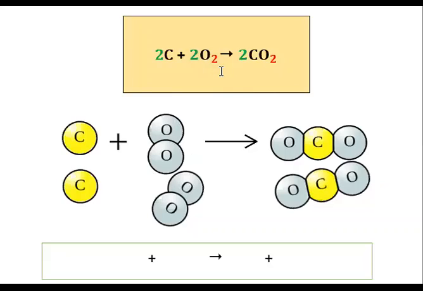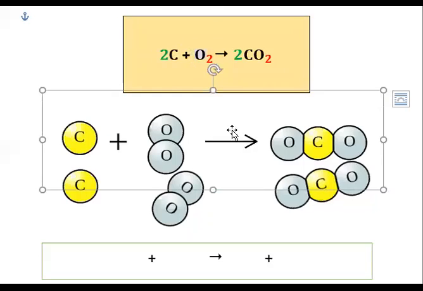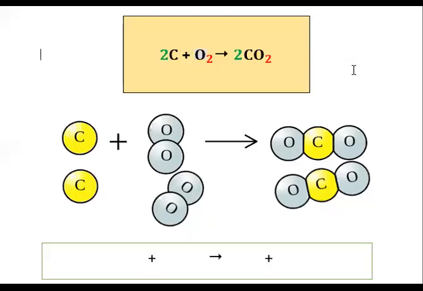If we look at the red numbers here, we see that in O2, there are 2 oxygen atoms in every one compound, okay? So when we're looking at this, we need to ignore the 2 there. Just imagine that didn't exist. In every oxygen molecule, there are 2 atoms, right?